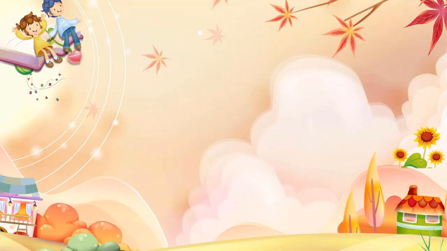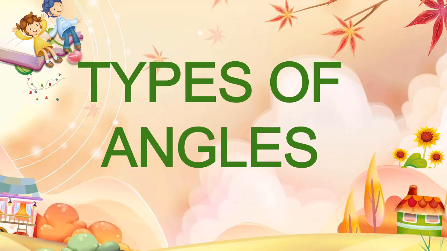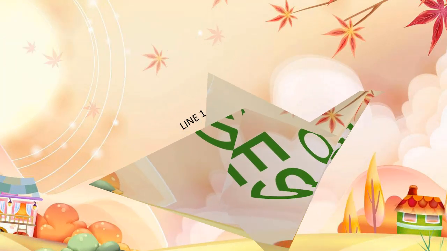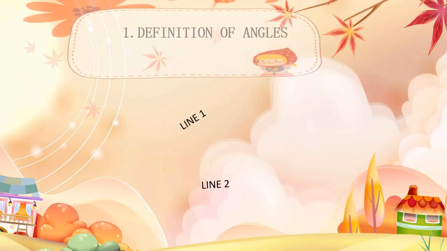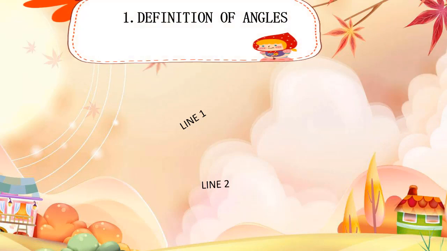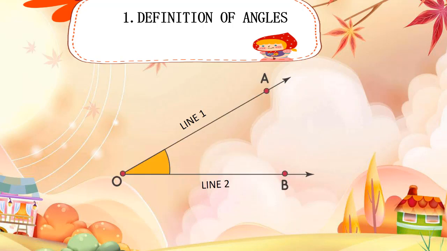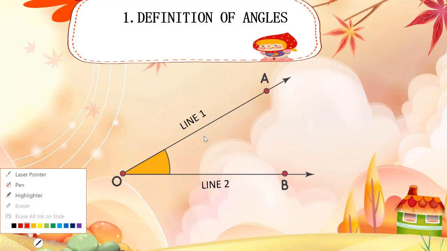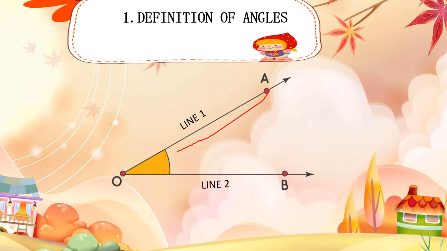Are you ready? So our lesson today is types of angles. So what does angle mean? Let's figure it out. As you can see on teacher's screen, there are two straight lines. This is one straight line, this line is also straight.